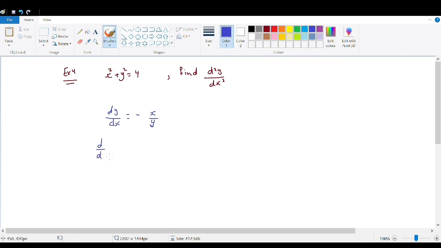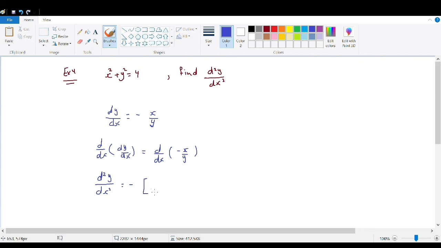So d over dx of dy over dx will give us the derivative of minus x over y. So this is d squared y over dx squared. This will give us the minus, we can take it here. Now for the derivative of x over y, we use the quotient rule.